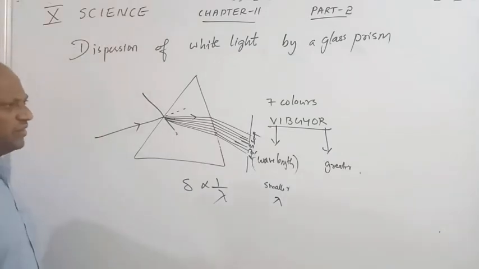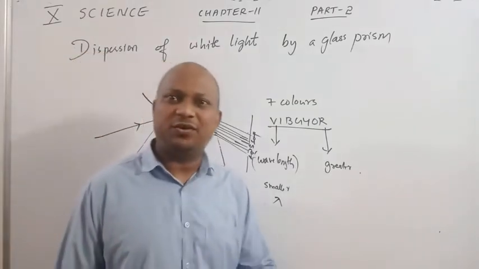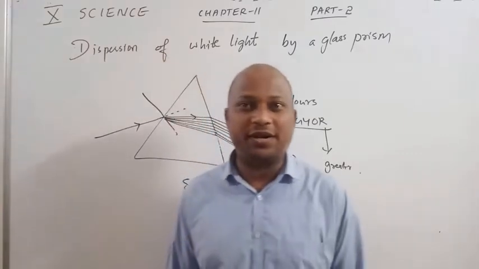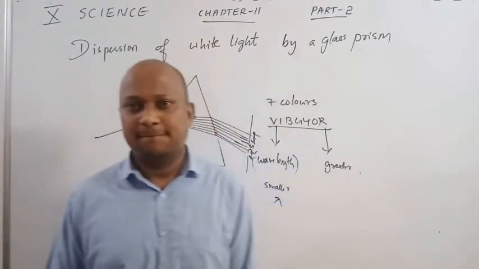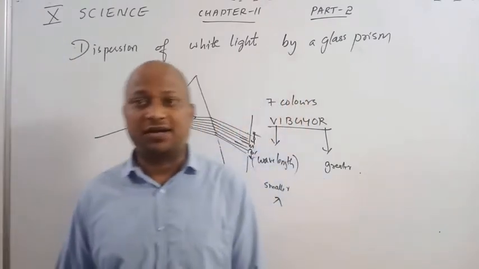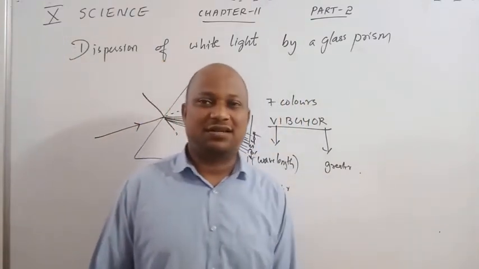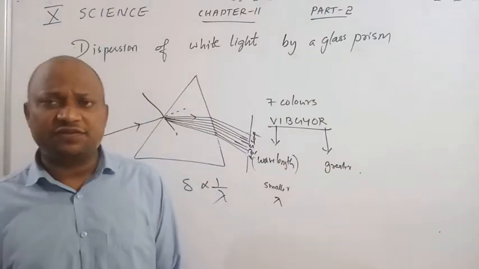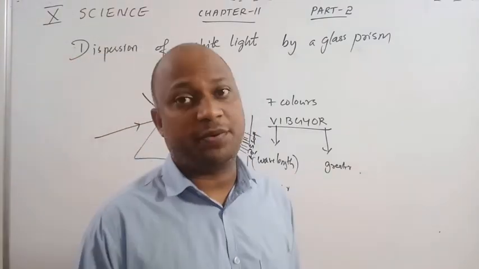So Newton actually thought that maybe due to the property of this glass prism, these colors are coming up. Maybe the colors are already there in the glass slab. So he was first of all thinking that it might be a property of glass.